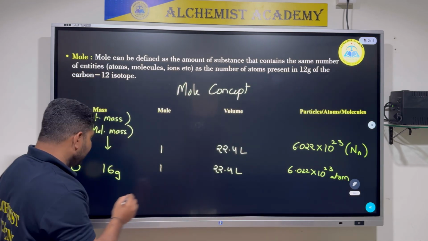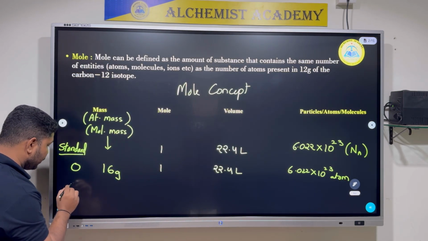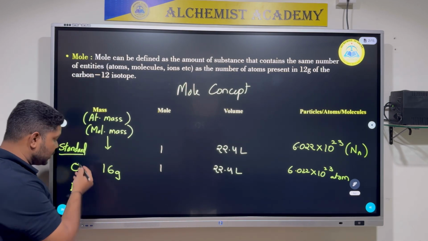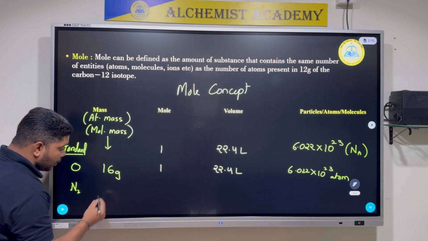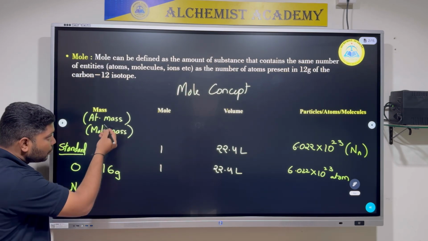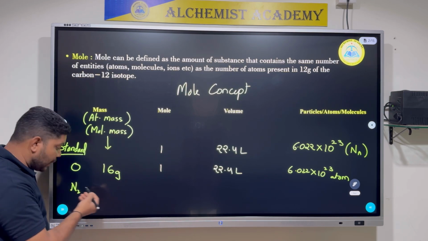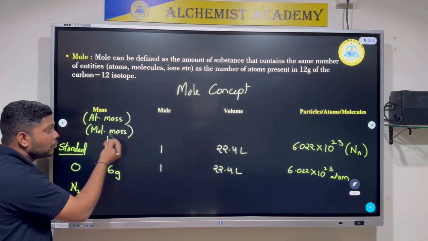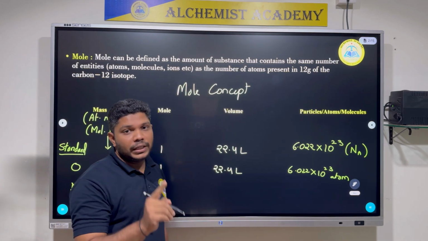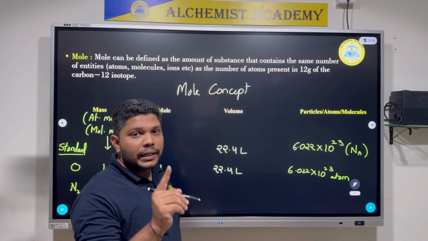Okay, let me take some other entity here. I will take nitrogen as a molecule. Now this is the atom, this is the molecule I will take. To write the standard for this, write the mass. What mass are you going to write? This is a molecule, that means it is a molecular mass. The atomic mass of 1 nitrogen is 14, yes or no?